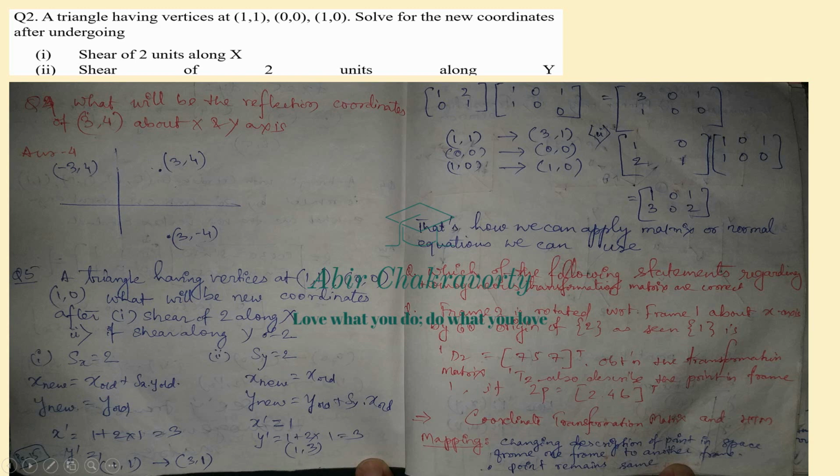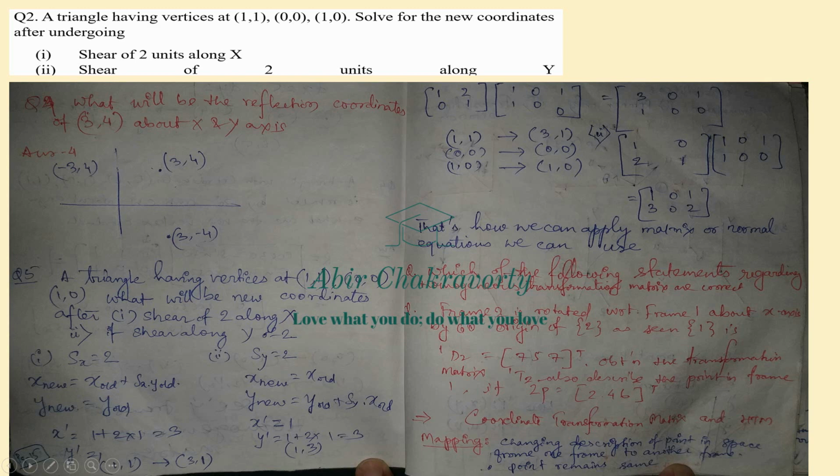For the 1 0 vertex, y new is y old, which is 0 here, plus sy into x old. sy is 2 times x old, and x old is 1, so 2 into 1 is 2, so y new is 2. So the 1 0 vertex transforms into the 1 2 vertex.